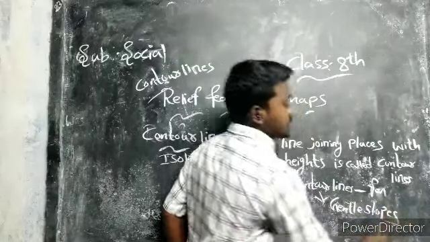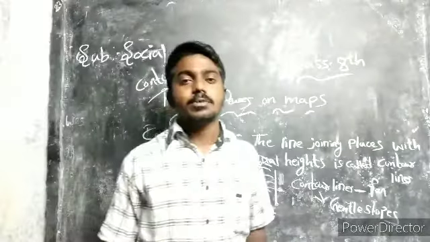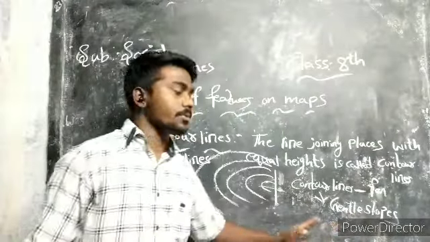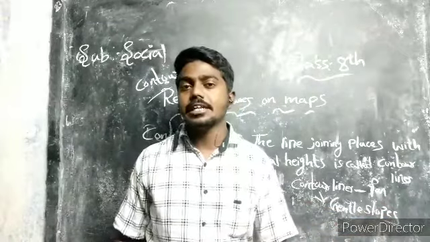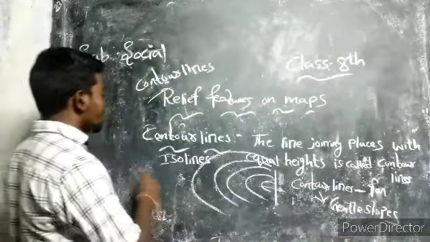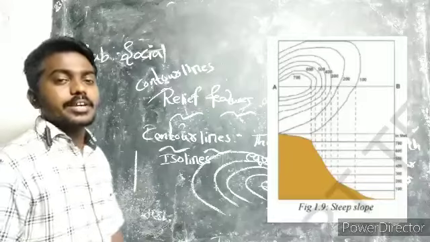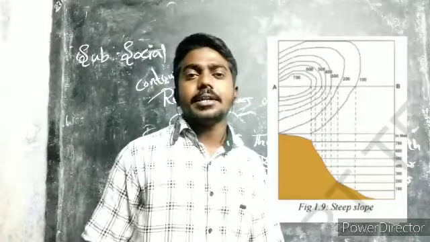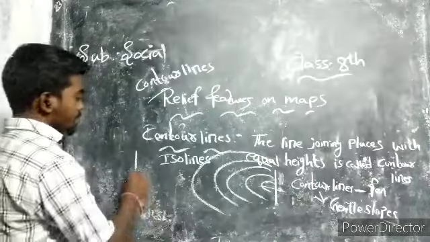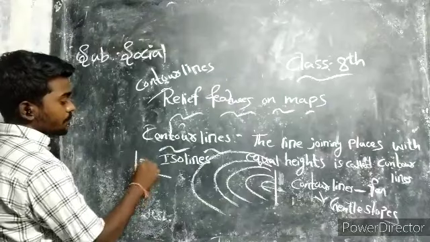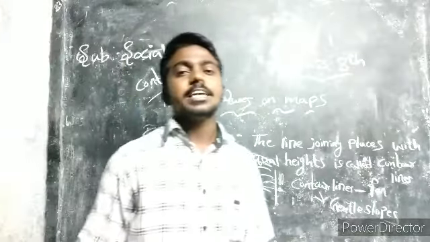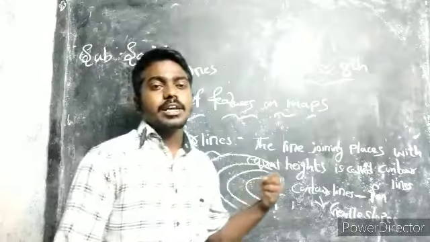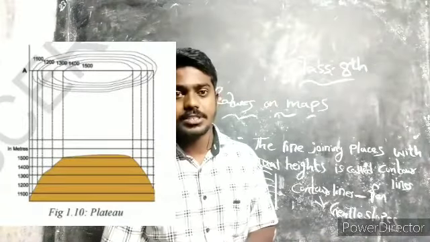You have this in the textbook also for the gentle slope. Wherever the contour lines are near, they represent steep slopes. Equal spacing shows equal slopes.